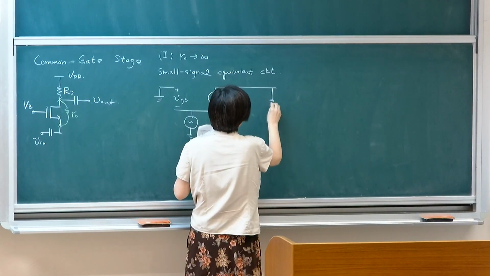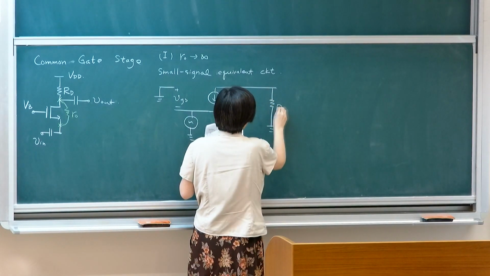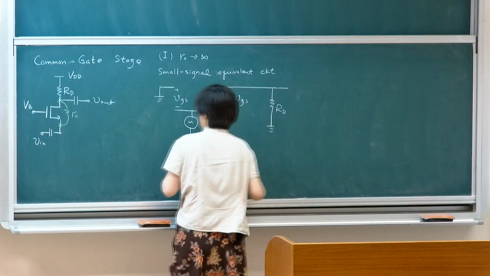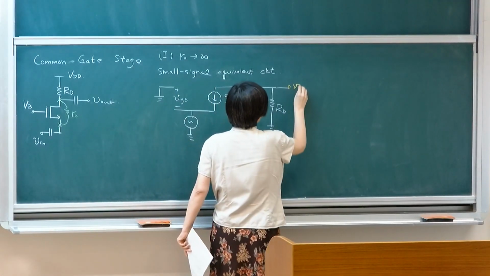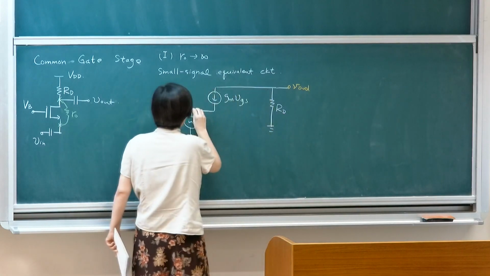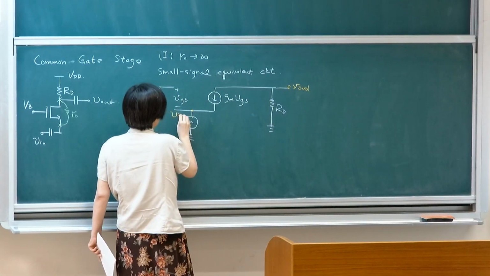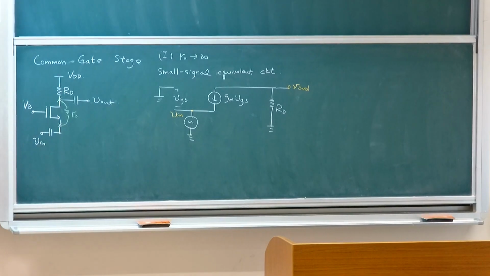I'm ignoring ro just for the first analysis. This is the output terminal, and this will be my input terminal. Input signal coming in from the source, going out at the drain.